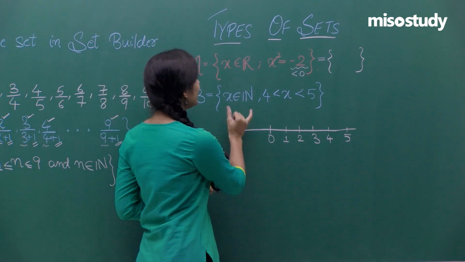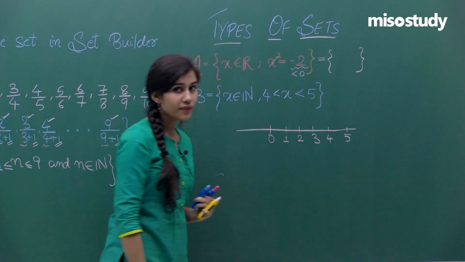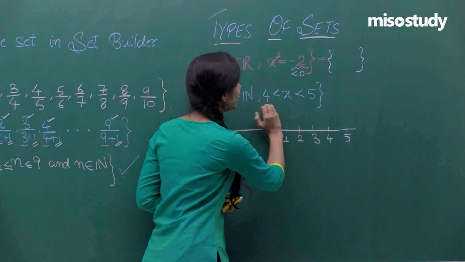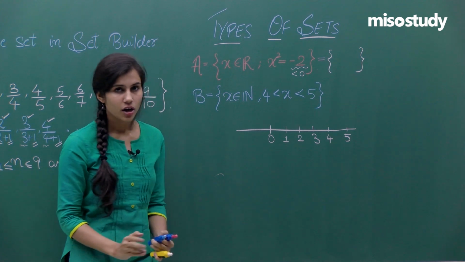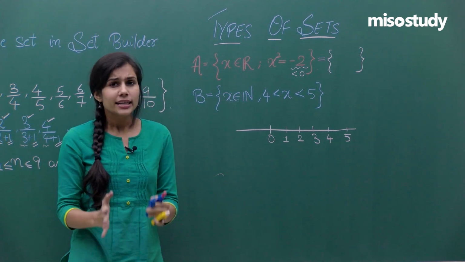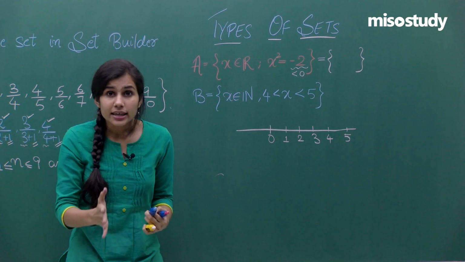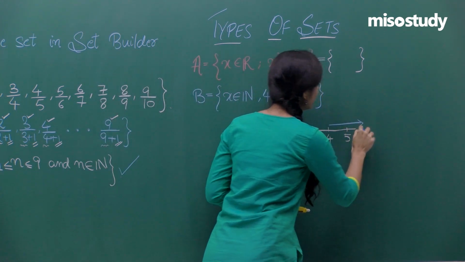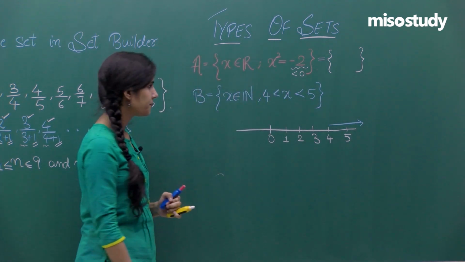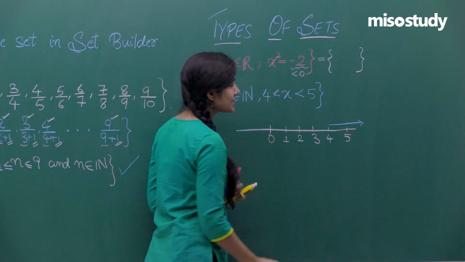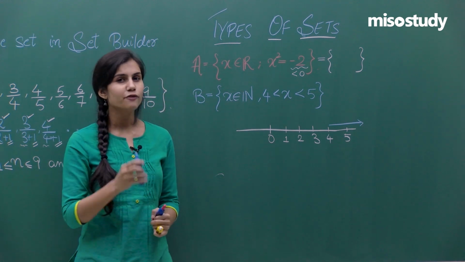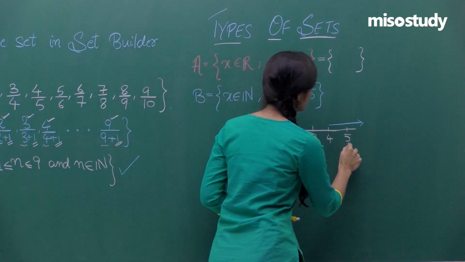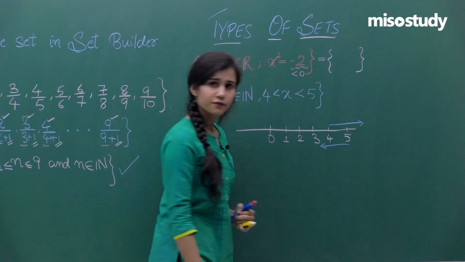I am asked to find natural numbers between 4 and 5. So I have to collect those natural numbers which are strictly greater than 4. On the number line, strictly greater than 4 means strictly to the right of 4, which means I have to move to the right of 4. x being strictly less than 5 means that I have to travel to the left of 5. So I have to move to the left of 5.